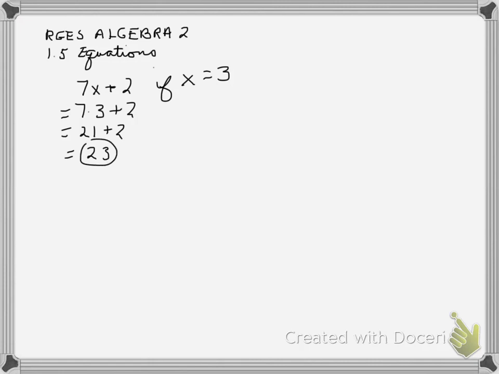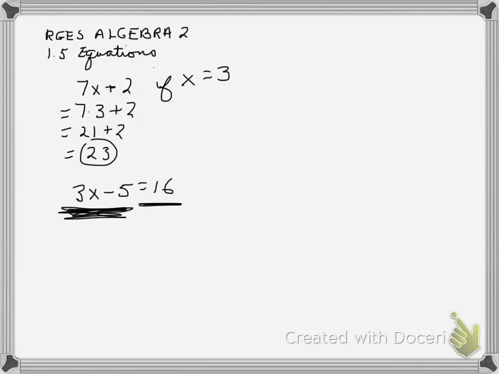Now, that is different from what we're moving into now. What we're moving into now is the idea, let's say I had 3x minus 5 equals 16. I'm telling you what the entire expression on the left equals.